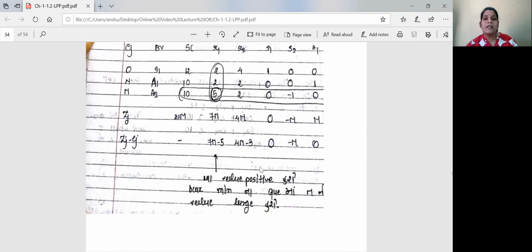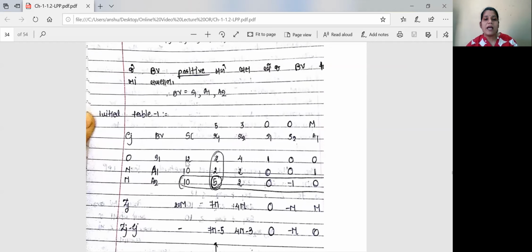So we compute 12 divided by 2, 10 divided by 2 and 10 divided by 5. 12 divided by 2 gives 6, 10 divided by 2 gives 5, and 10 divided by 5 gives 2.